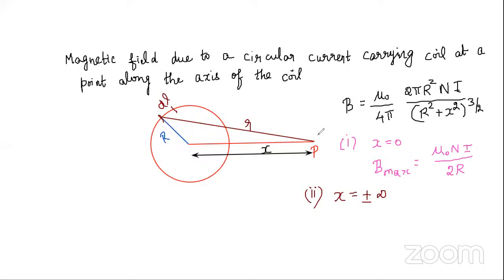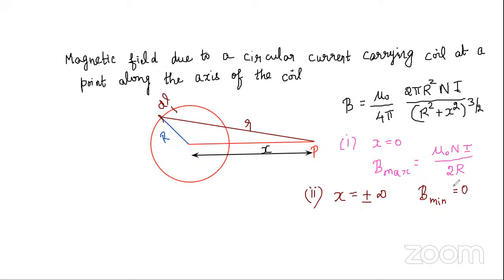When you go very much away from the coil, you won't find any magnetic field there. So the magnetic field will be equal to 0. This is how you need to understand the concept.